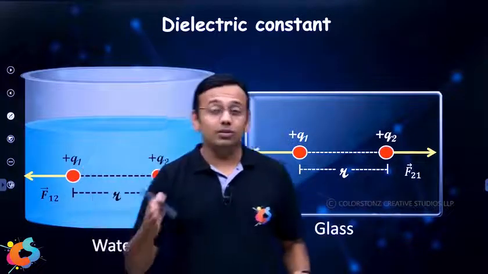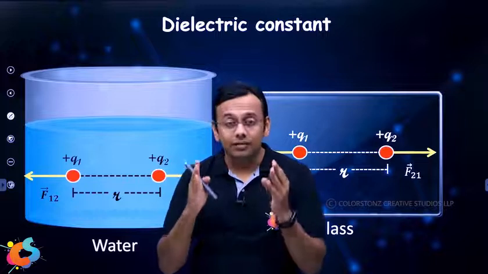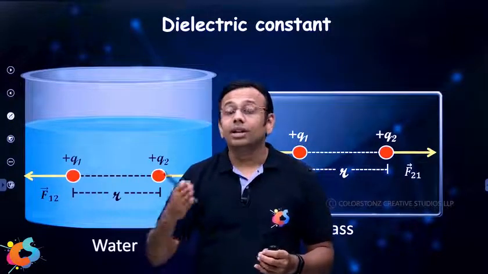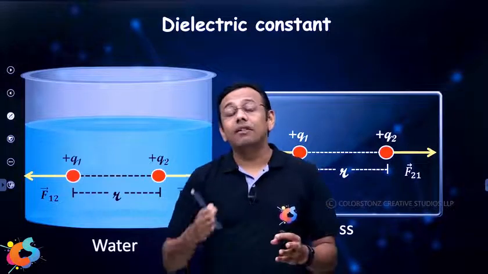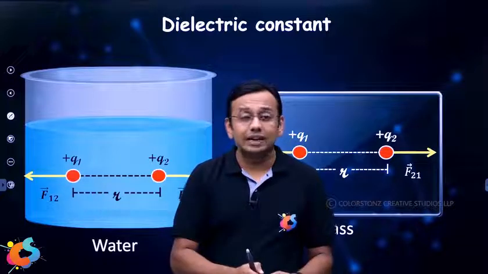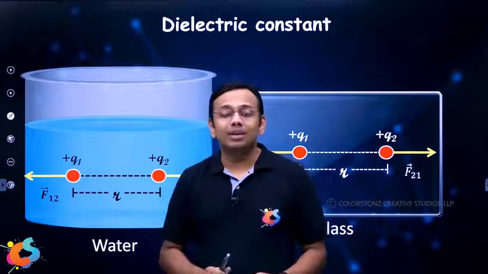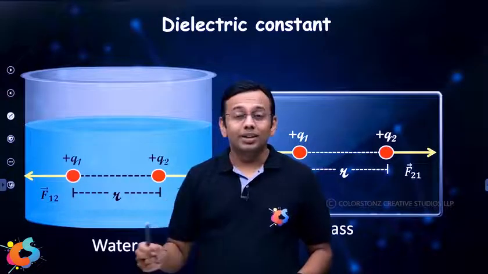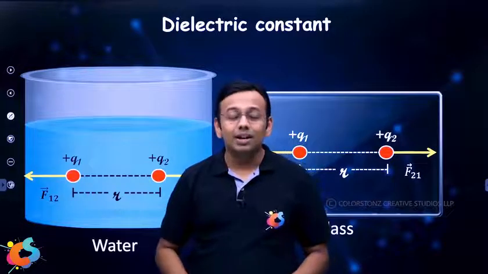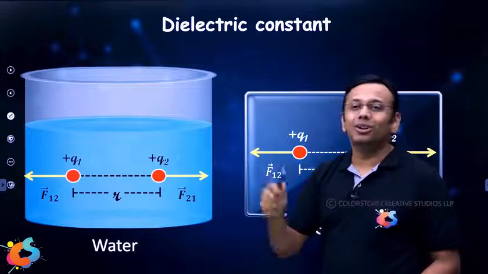The force which we have talked about earlier, the formula or expression which we have given earlier, that works only for vacuum. If the medium changes, then the value or magnitude of the force changes. The direction remains same, but the magnitude changes. And it is found experimentally that in any medium, the force always decreases by a certain factor. And that factor is what we call the dielectric constant.